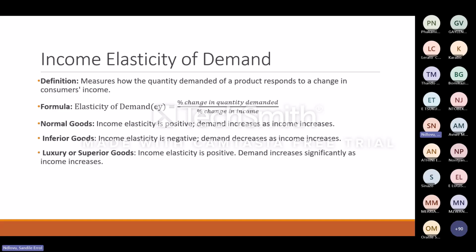You won't go to cheap places anymore. So you'll spend more on normal goods and luxury goods. Hence, the income elasticity is negative for inferior goods. And the income elasticity is positive for luxury goods because the more money that you have, you'll start spending excessively on expensive items.